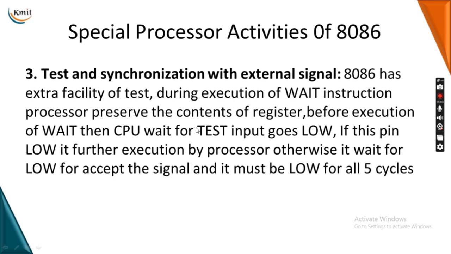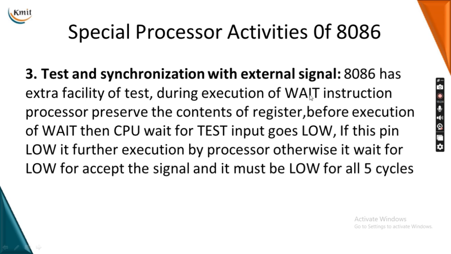Then the CPU waits for the TEST input. If the test input goes low, the processor continues further execution. Otherwise, it waits for it to go low to accept the signal, and it must be low for all 5 cycles.